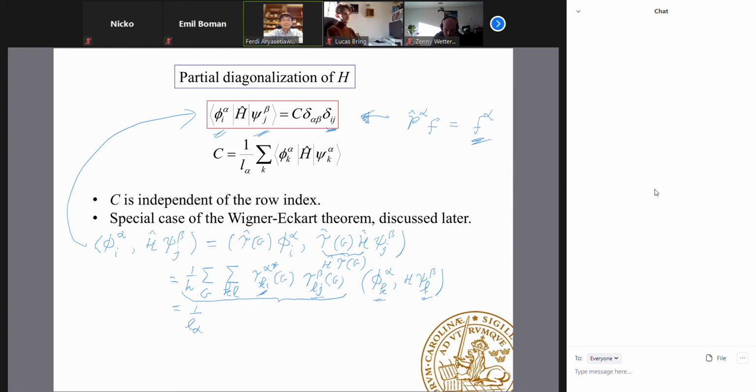So we are using the orthogonality theorem. That will be orthogonal between k and l, and i and j, and between the representations alpha and beta, times this matrix element here.